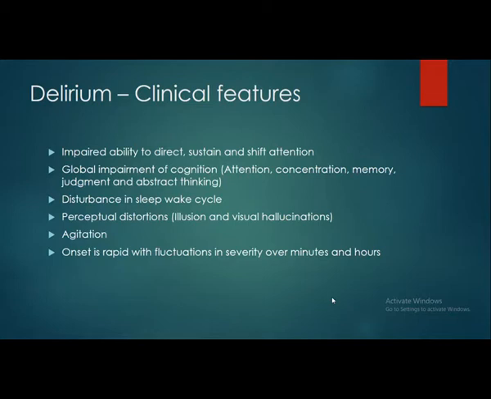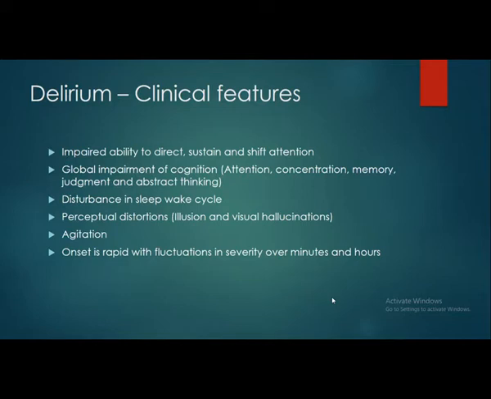There is disturbance in the sleep-wake cycle, and a person mostly has broken sleep. Then there are perceptual distortions. A person with delirium does experience illusions and hallucinations, mostly visual. As we said, they have behavioral issues, mentioned here as agitation.